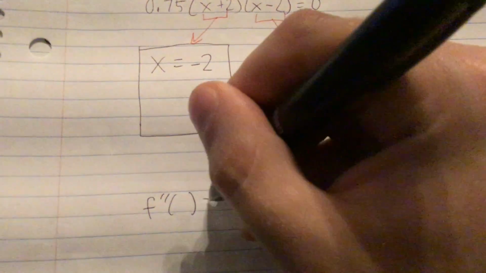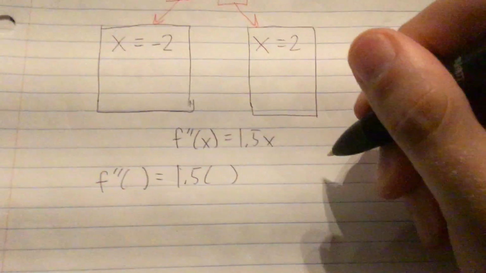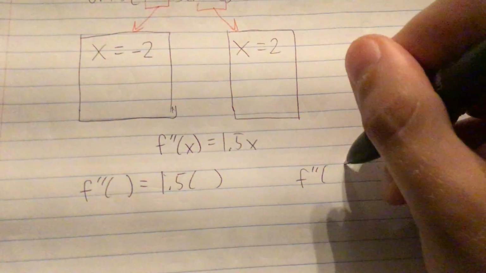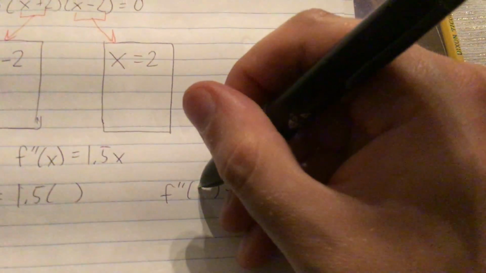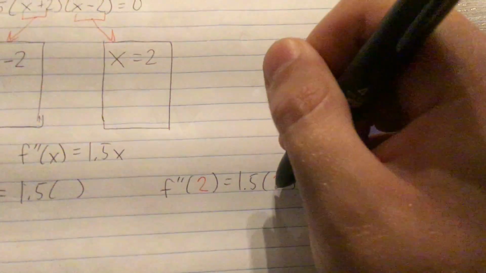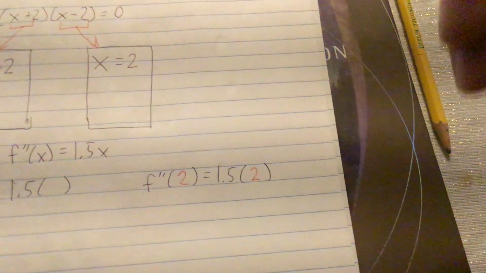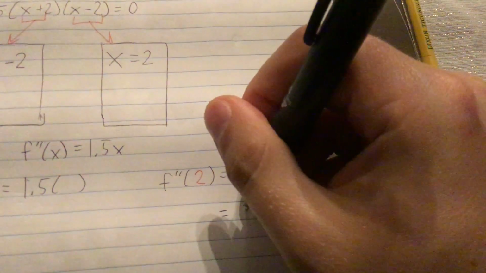F double prime of x is 1.5 times x. Since we did the left problem last time, let's do the right problem. F double prime of 2 is 1.5 times 2, which would be 3.